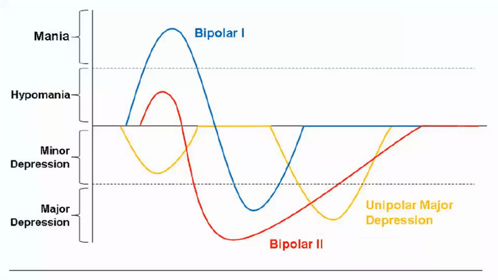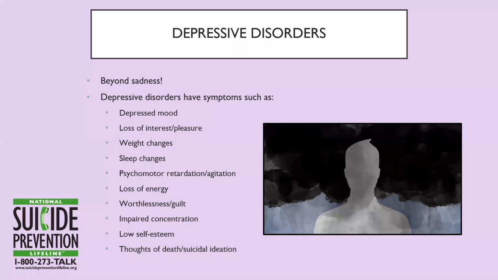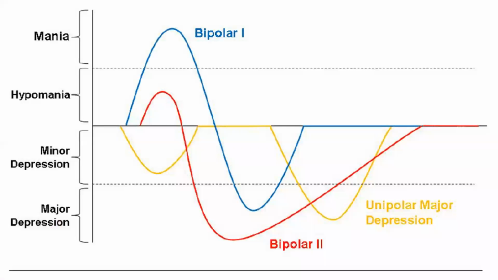And again, here is another graph, and I just think these illustrate nicely what the difference is between the disorders, and sometimes when it has that middle range, what normal mood is like. And then here we also have unipolar major depression rather than bipolar. So again, bipolar 1 goes all the way up to mania, all the way down to a depressive episode.